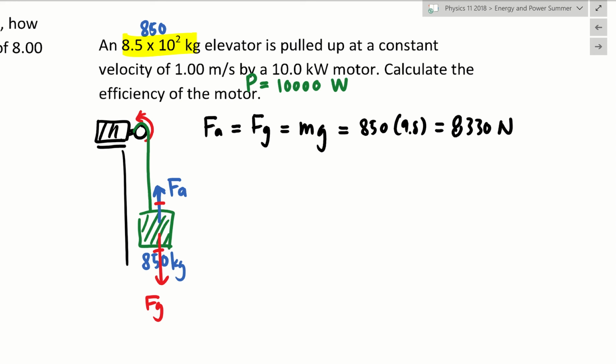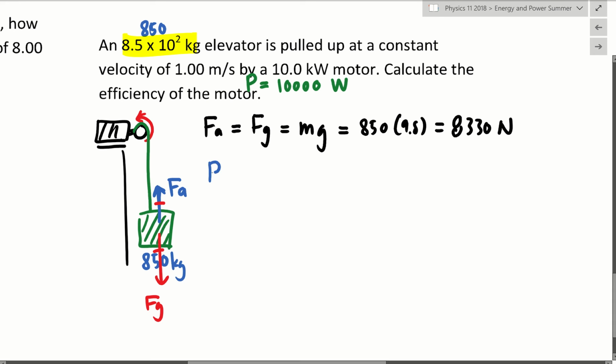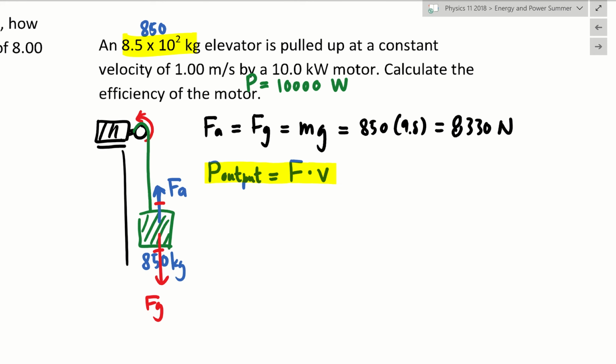Now, what is the power output? That means what can the machine actually do? Well, the machine is lifting up an elevator. The elevator is lifted by a force F, and we also have the speed V. Power equals Fv. This equation is not on the formula sheet, but we talked about it in last day's notes. Power can also be force times velocity if you have a constant velocity.